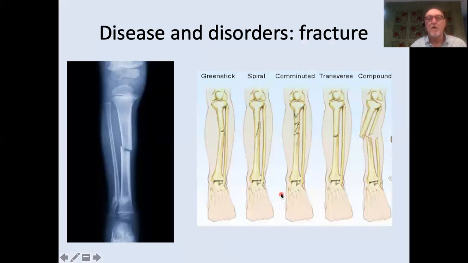So let's have a look now and see that things do go wrong with the bones. One of the commonest things to happen is that bones can be broken. Bone is very, very strong. And it may sound strange to say it, but one of the things that gives it strength is that it has a certain amount of flexibility.